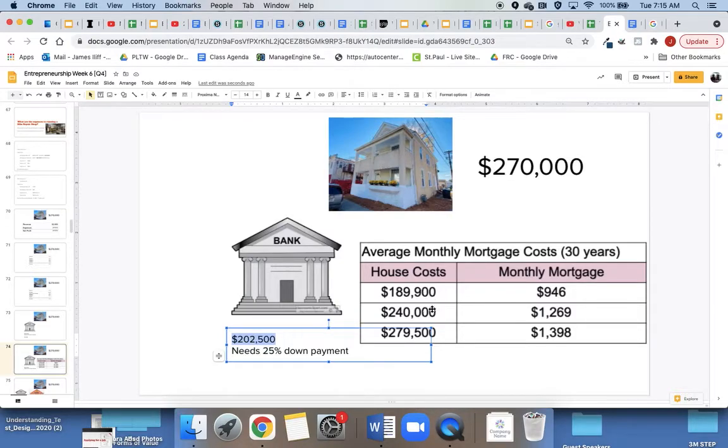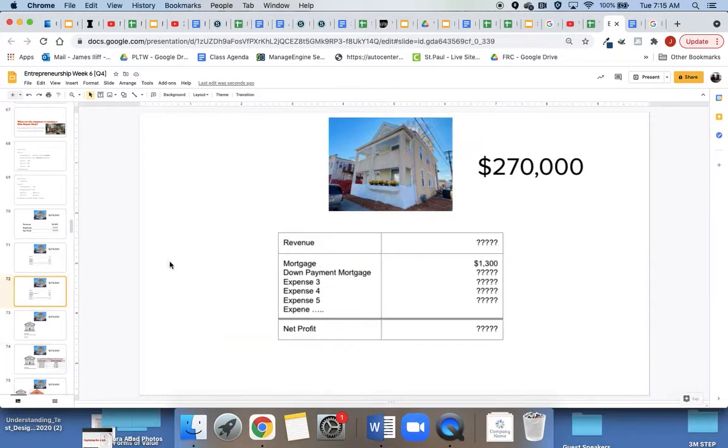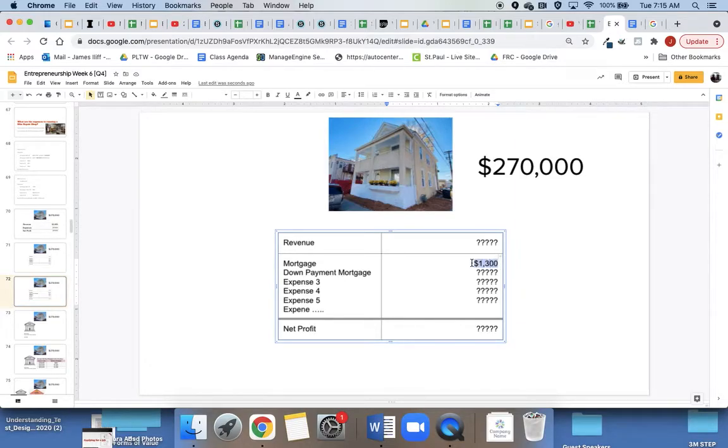Well, that falls in between here. And so you're going to have to figure out what that monthly mortgage expense is here. If it falls in between here, your monthly mortgage is going to fall in between here. And again, that number, you're going to have to pay that back every month for 30 years. And that number is going to go here.